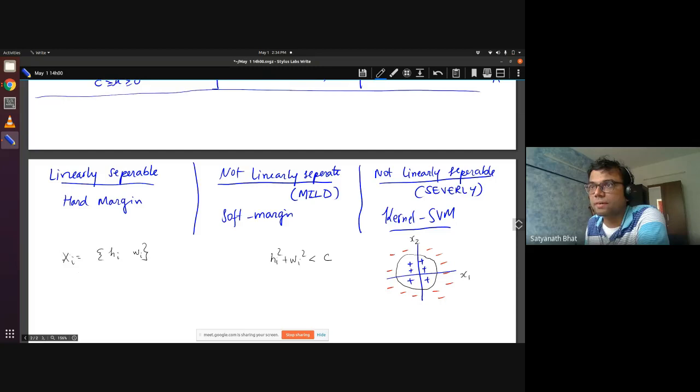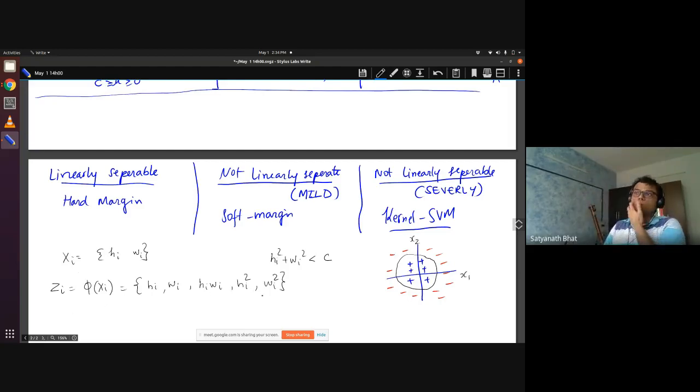So what we will do is we will take phi of xi and construct new features zi, which is some function of phi of xi, which will preserve the original hi, wi, and then will also look at hi square and wi square. Okay, and every feature will be transformed like this.